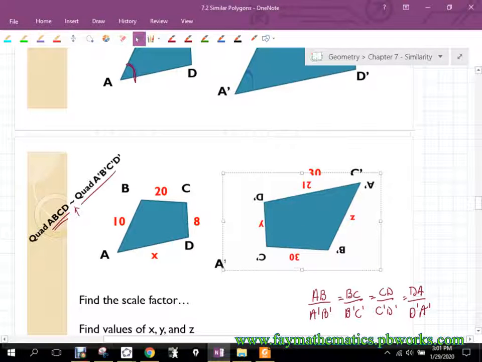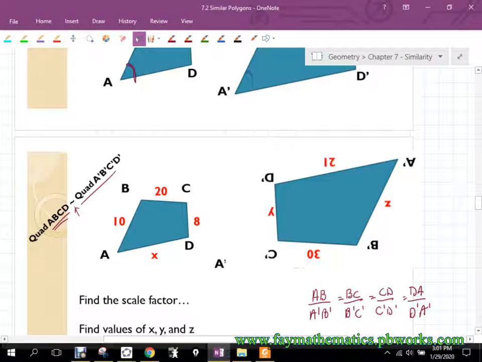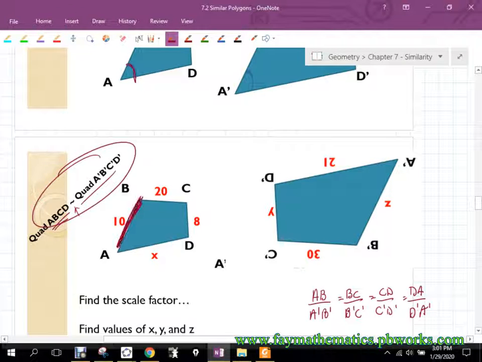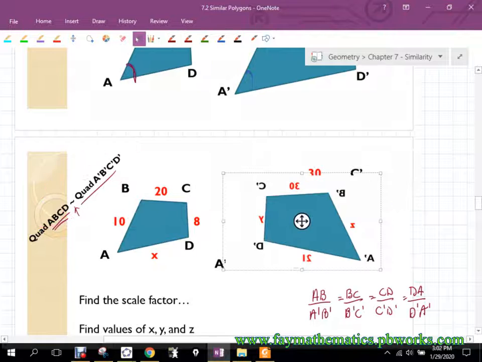So let's say our shapes were like that, and obviously not the same orientation. It is going to be so much easier to look at the similarity statement instead of trying to say, that segment right there, which one over here does it match up to? It's a lot easier to say, AB, yep, A prime B prime. So now I come over here, find A prime B prime. No, it matches up to Z. Does that make sense?